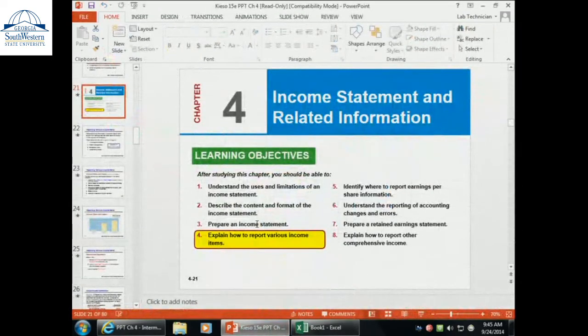All right, so now we're going to go through some more PowerPoints in Chapter 4 and talk about some of the things in the last part of the chapter. When is this homework due, by the way? Is that Monday?